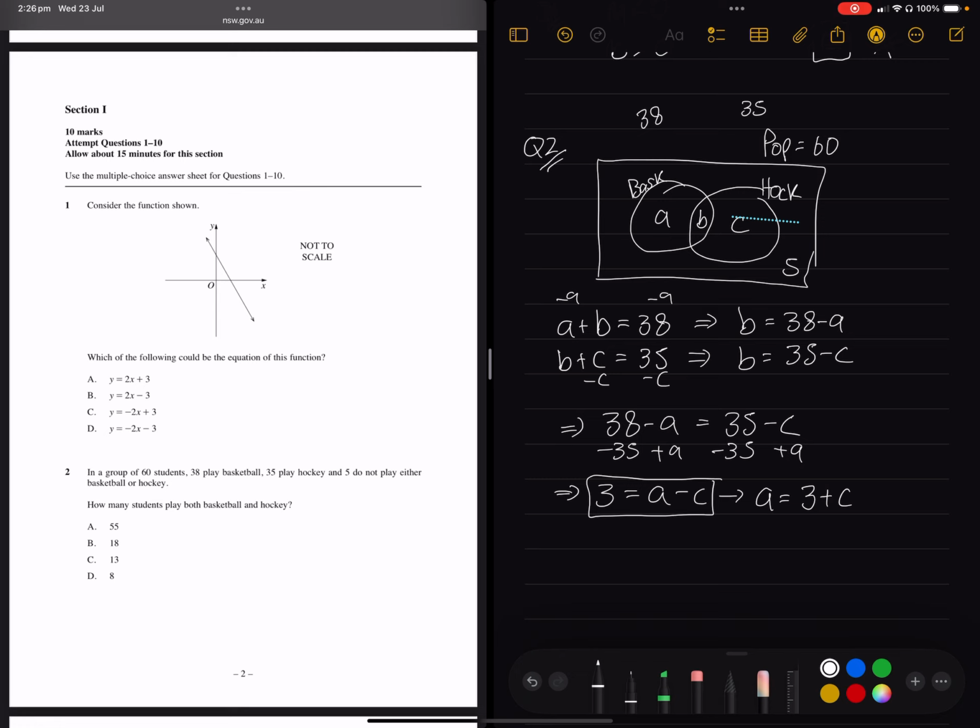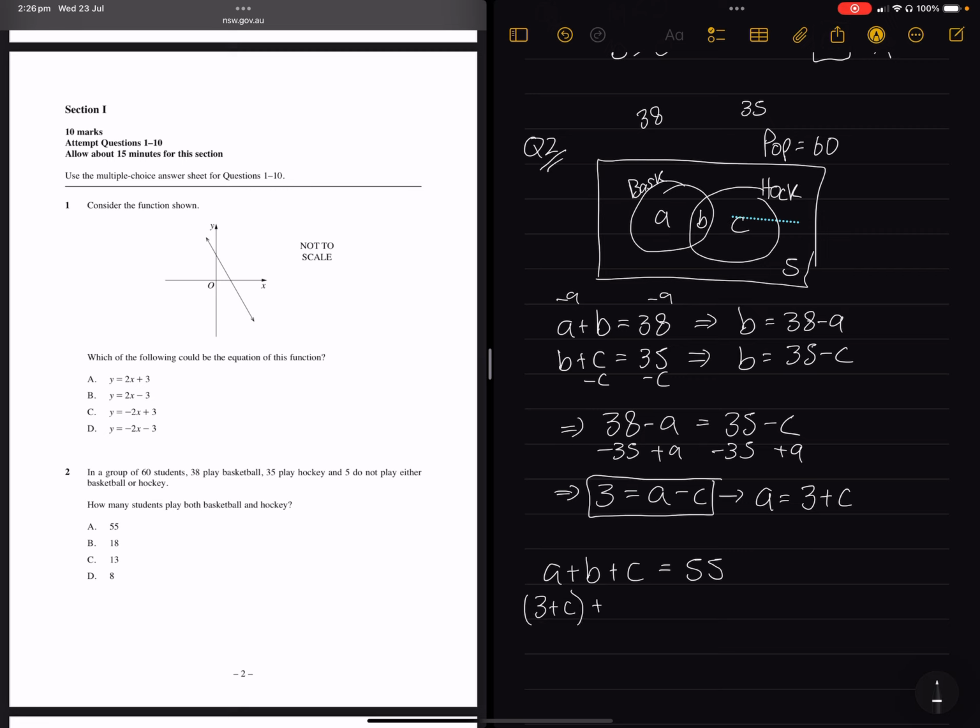So we've got A plus B plus C is equal to 55. This is the total population minus the people that don't play any sports. We now have A in terms of C. So this becomes 3 plus C. We have B in terms of C. This is 35 minus C. And then we have C in terms of C. So now we have an equation only containing C. 3 plus 35 is 38.